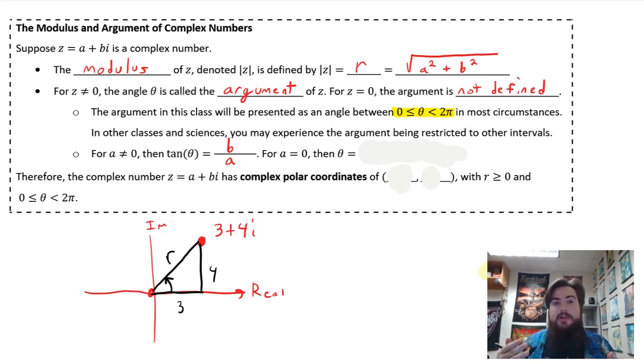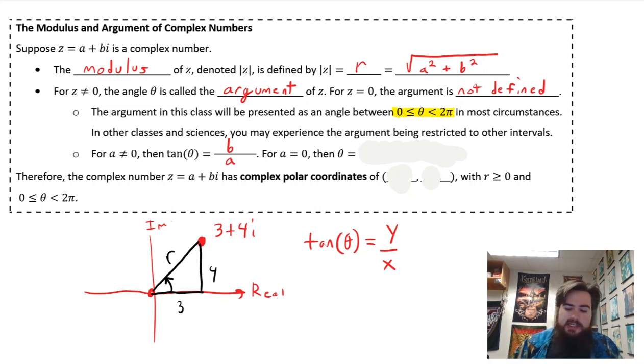This is very similar to what we've done before, where we said tangent of theta is equal to y over x. Well, in this case, b is just the imaginary component, and we write that similar to a y-axis, and x is the real component, and we write the real axis just like the x-axis. So it's the same relation there.